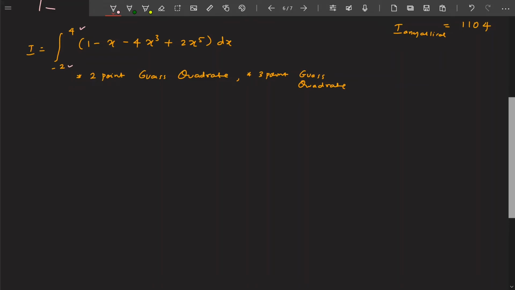So let me write this down as step number 1. What is step number 1? Convert the limits of the integral to -1 and 1. This is for any problem that you're going to solve by Gauss Quadrature, whether it is a double integral, triple integral, whatever it may be.